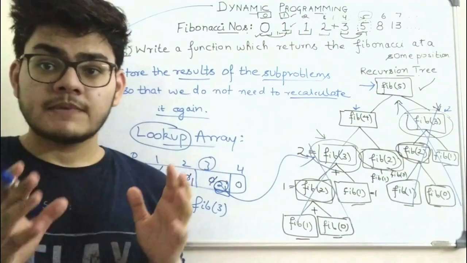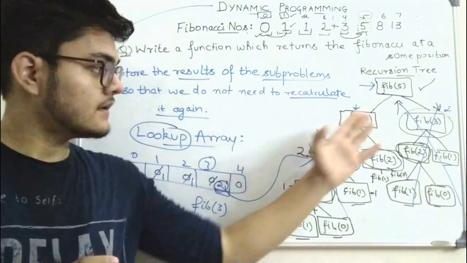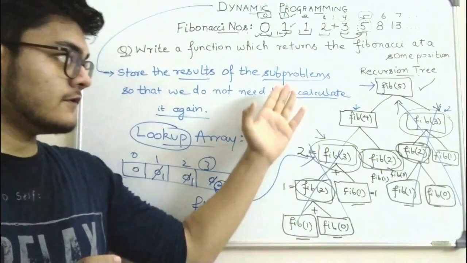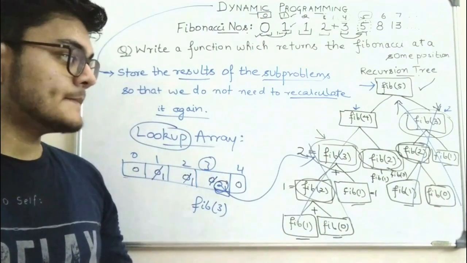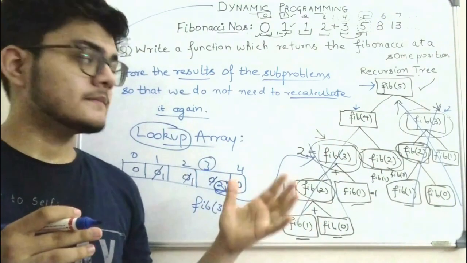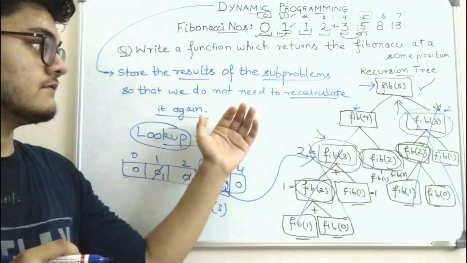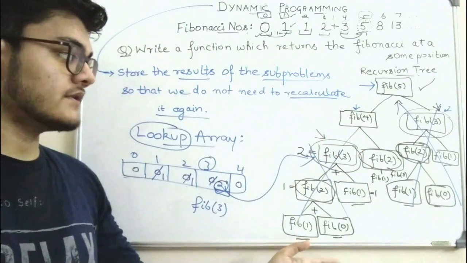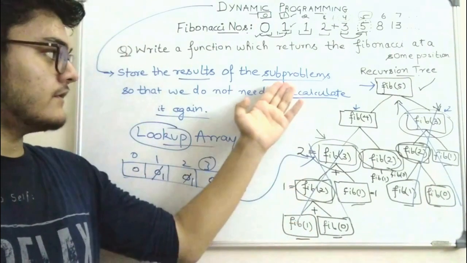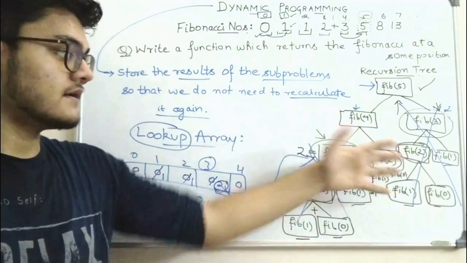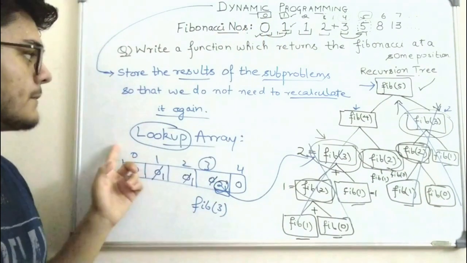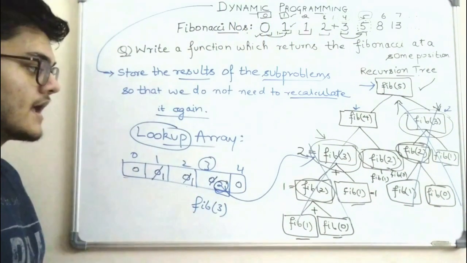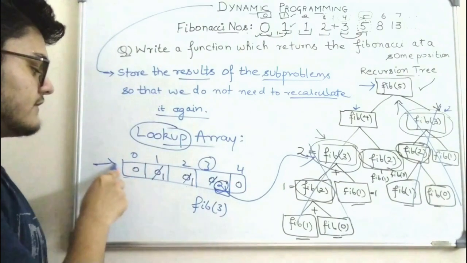So if you're using a plain recursive method like this, and if your subproblems are occurring again and again, basically there are many problems which use recursion, and this problem of recalculating the subproblems occurs again and again. So dynamic programming was used to optimize this problem, and the strategy is basically very simple.